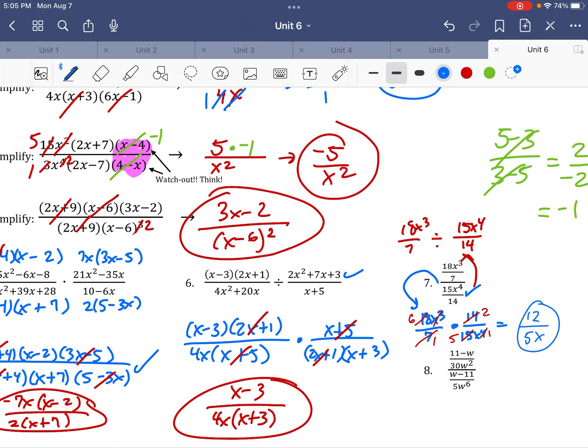The top, I have a complex fraction. I have 11 minus w over 30 w squared, times the bottom one flips up. I got 5w to the sixth, and then w minus 11. All right, these cancel but produce a negative sign. Let's see. The 5 and the 30 make a 1 and a 6, and w to the 6th and w squared. The w squared is gone, leaving me with w to the 4th here.